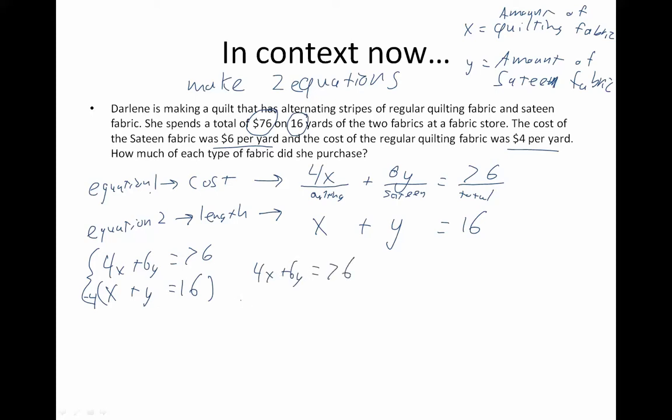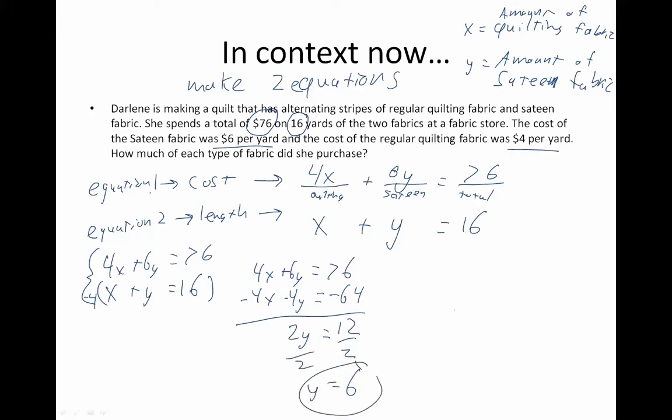And then multiplying across, we get negative 4x minus 4y equals 16 times negative 4, which is negative 64. Adding those together, we get 2y equals 12. And dividing by 2, we get y equals 6.